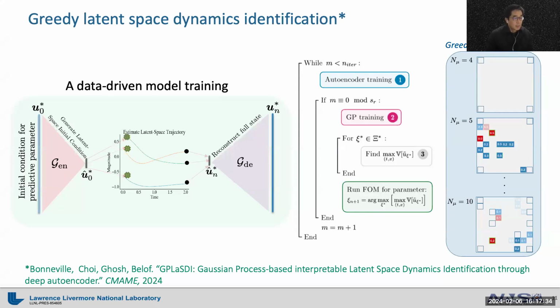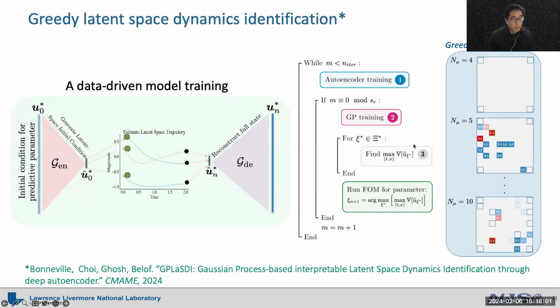For that case, as I described before, when you parameterize the latent space dynamics, we use some interpolation techniques, and for those you can use the Gaussian process. The Gaussian process model is going to give you the uncertainty information, and we can use that uncertainty information to guide the sampling procedure.